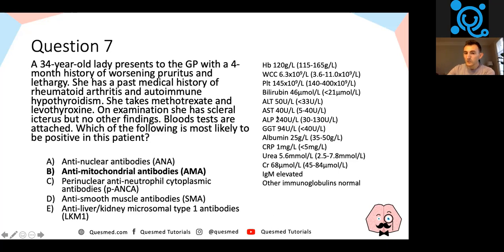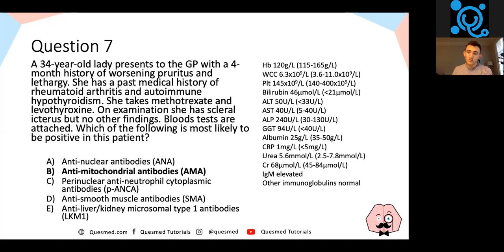So she's got some obstructive liver disease. She's got a chronic cause of obstructive liver disease and an autoimmune history. The other thing to note in the question is that she's got an elevated IgM, whilst the other immunoglobulins are normal. So all of these different things point towards primary biliary cholangitis, or PBC.